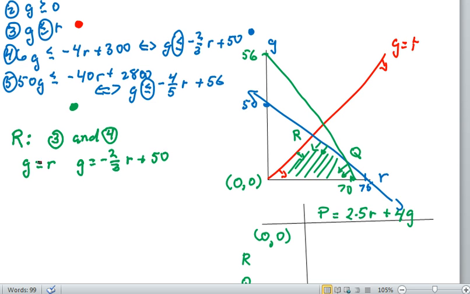Since G equals R, I'm going to substitute R for G in the second equation, and that is 3/3 R. So if I add the 2/3 R, that'll be 5/3 R equals 50, and that gives us that R equals 30. And so if R equals 30, G is also going to equal 30, and so we have the ordered pair 30, 30.